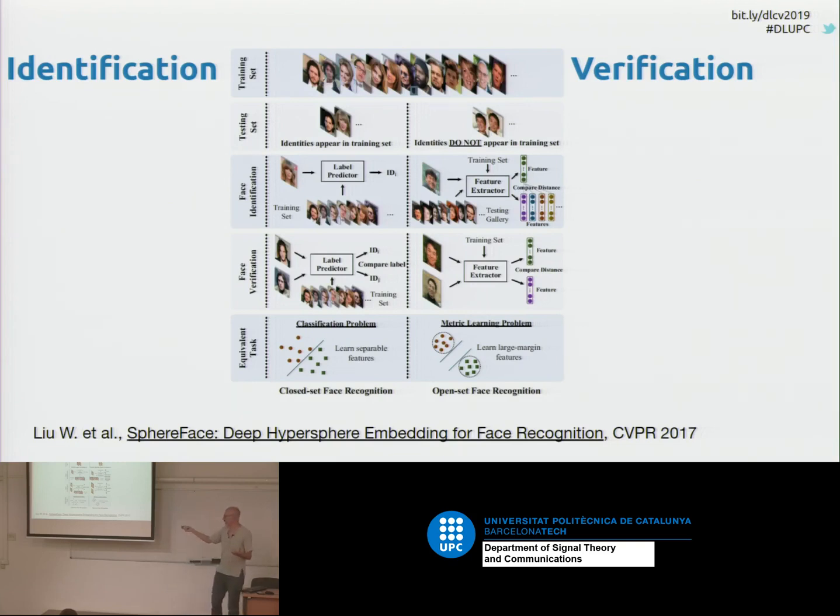So long as the feature vectors are separable, then you can classify the input classes. But in open set face recognition, this is not enough. You need to establish a large margin between the classes, so that when unknown people appear, you can discard them because the features of the known people are very compact.